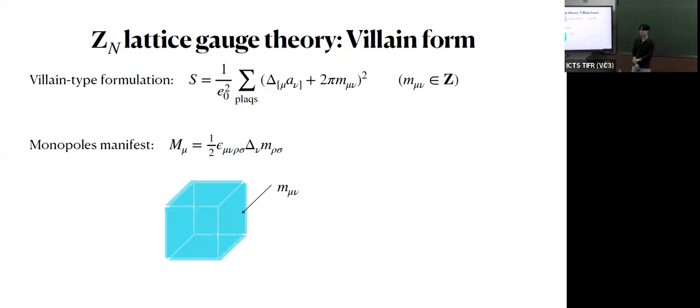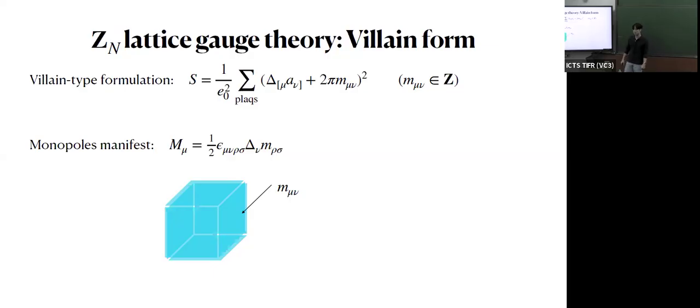MU live on plaquettes. They're summed without any constraint. Yes, they're summed with no constraint. It could be 0, it could be non-zero. In a way, this is measuring the flux through a cube.